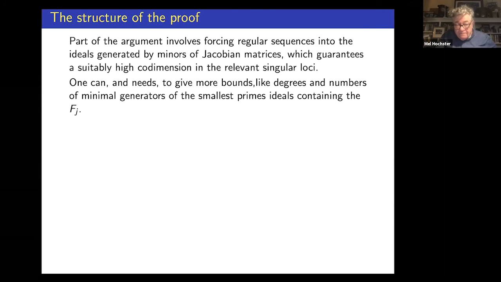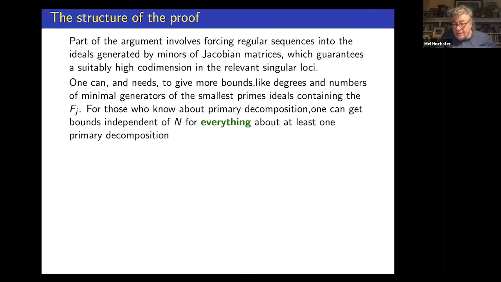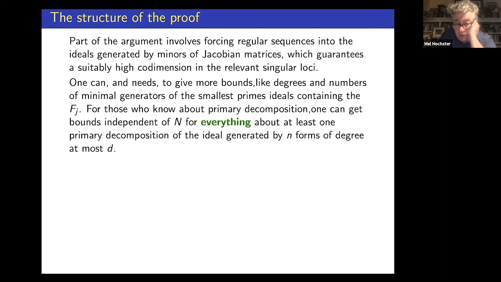So if you know about primary decomposition, you get bounds independent of capital N for everything about at least one primary decomposition. You know bounds on the degrees of the generators of the ideals occurring and the numbers of generators and how many there are. Everything is bounded, provided you're starting with a known number of forms of degree at most D.